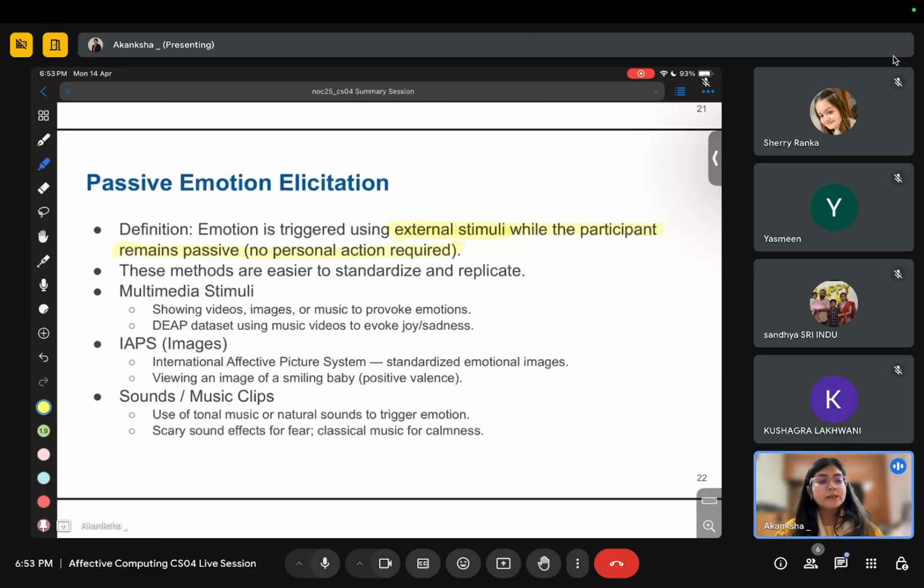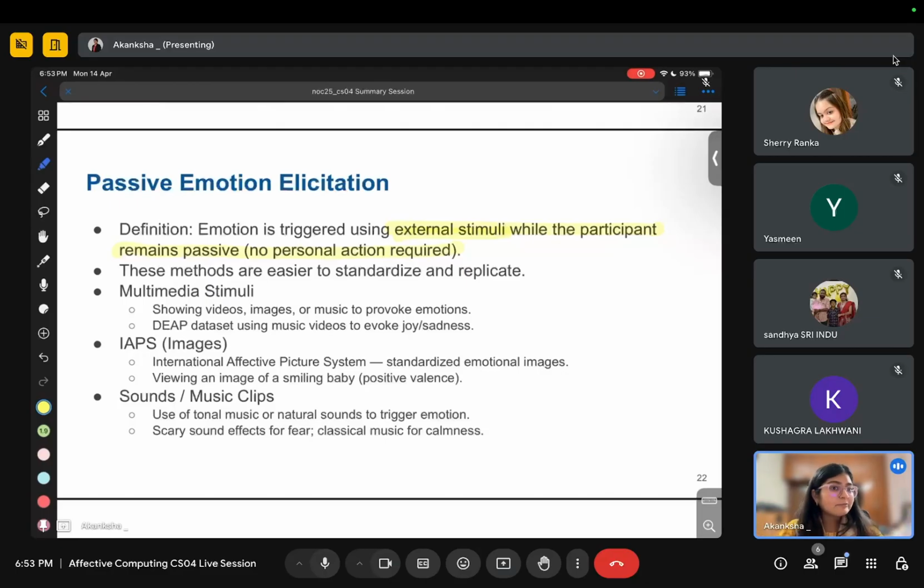I just tell you that I will play something on your screen. You just have to watch and I will record your facial expressions. Okay? So let's say you are playing a very scary video and suddenly a ghost comes, and you will be scared, right? So you will feel like this, and then your facial expressions will be captured. That will also be a genuine reaction, right?